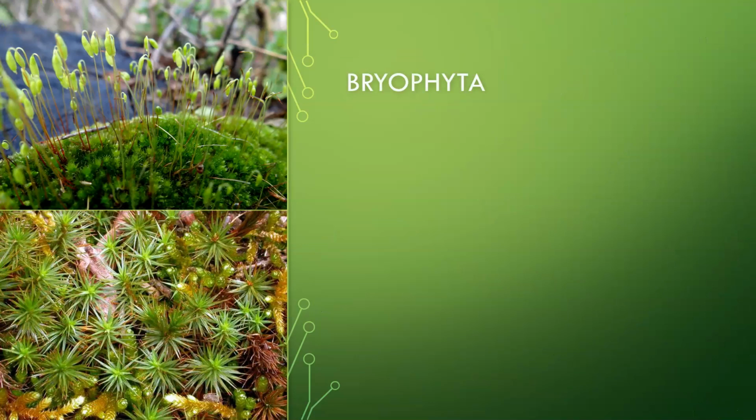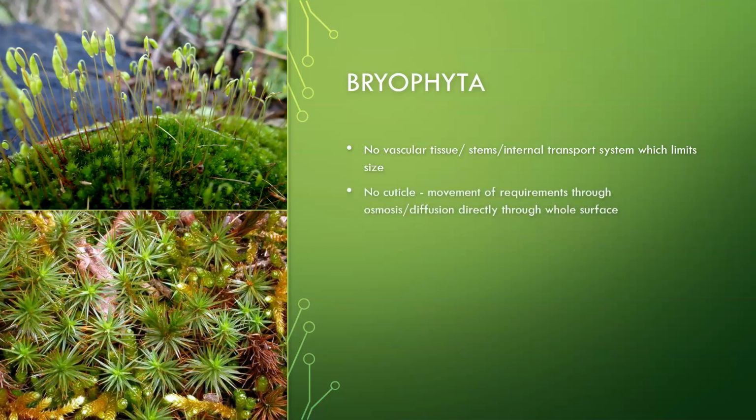Okay, so our Bryophyta, first of all, we've said non-vascular, so it's not got vascular tissues, stems, or an internal support system. So this limits their size. They don't have a cuticle, a layer, like a waxy layer on top of their palisade cells as such.